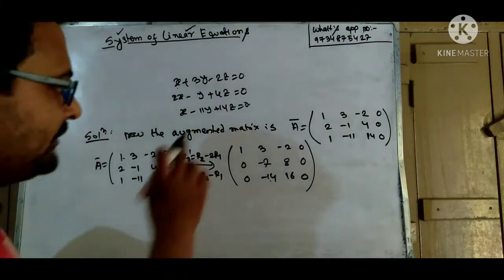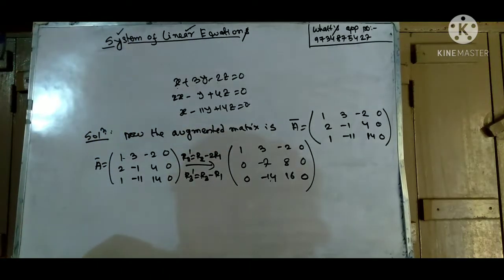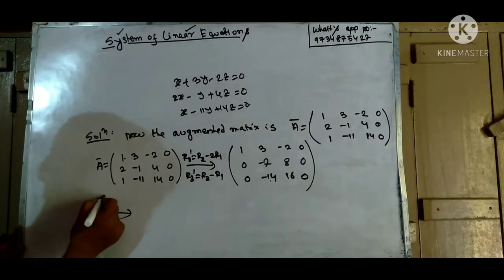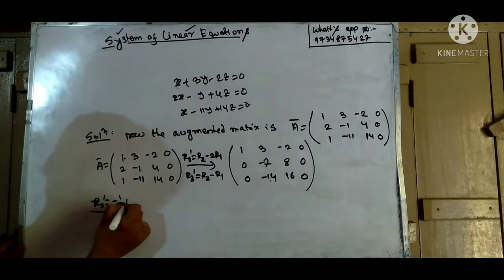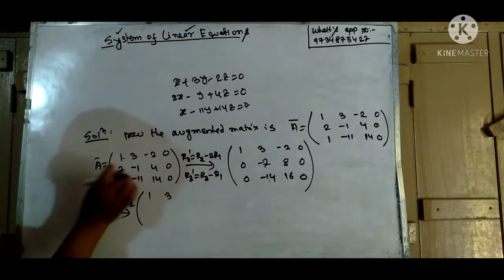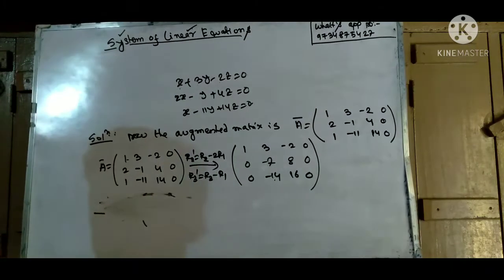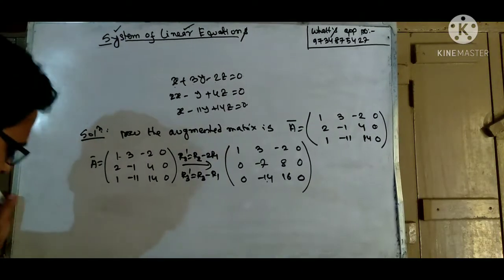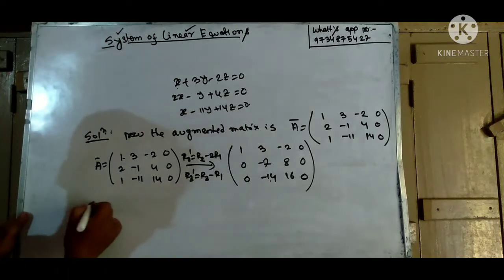Then we will multiply the second row by 1/7, so R2' = -1/7 R2. We will first subtract, then we will apply this result.